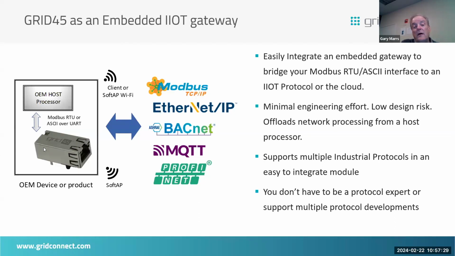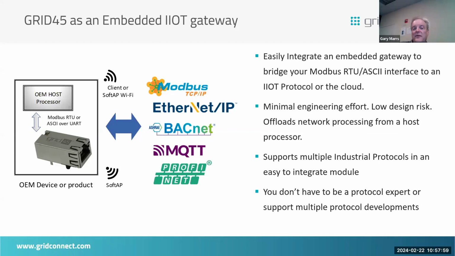And again, using Grid 45, with an existing product that has a serial interface, maybe a Modbus RTU or ASCII interface, we can embed the Grid 45 in your product and take you to Ethernet IP, BACnet, Profinet, or even to the cloud via MQTT.